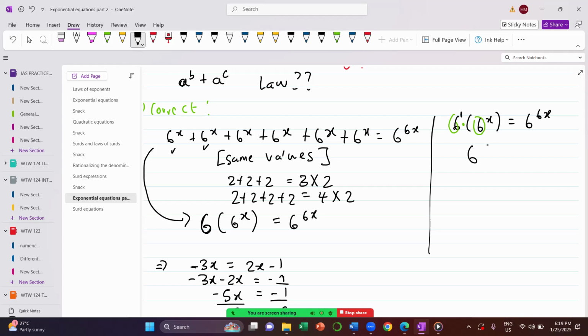So I'm going to have 6 to the exponent of x plus 1, all equal to 6 to the exponent of 6x. Now I have the same base, therefore I'm allowed to equate the exponents. So I have x plus 1 equal to 6x. If I take that x to that side, I'm going to have 1 equal to 5x. Therefore, x is equal to 1 over 5. Are we okay? Yes, sir.